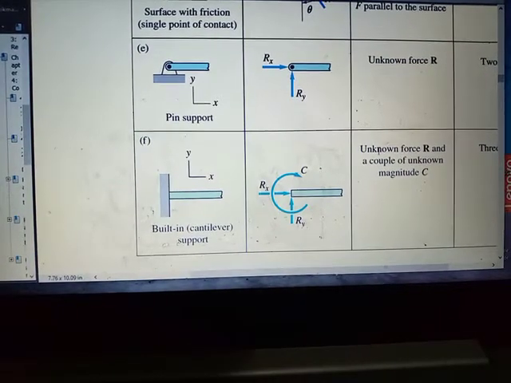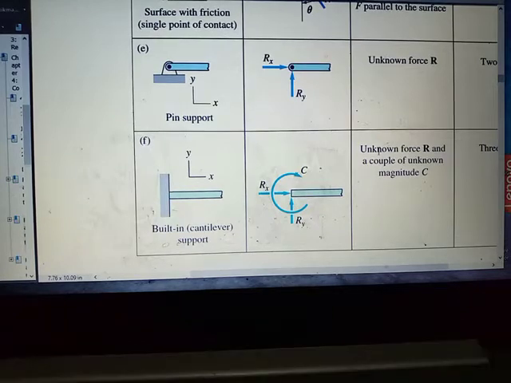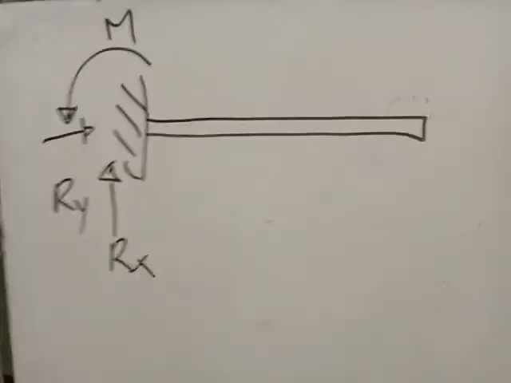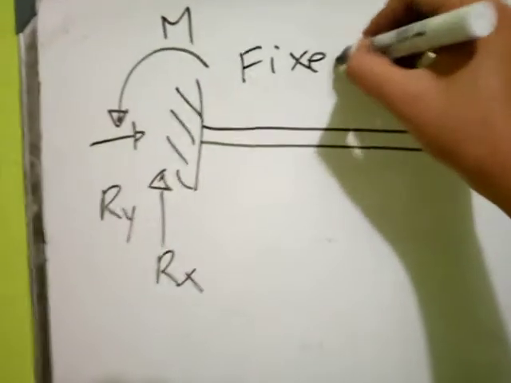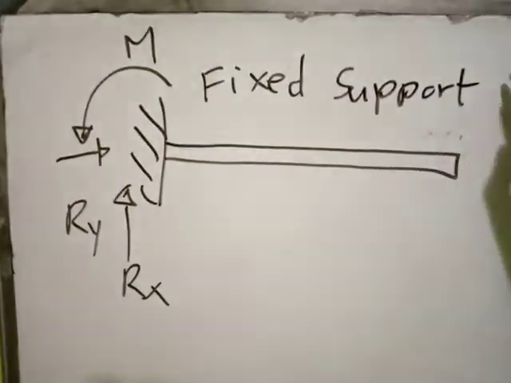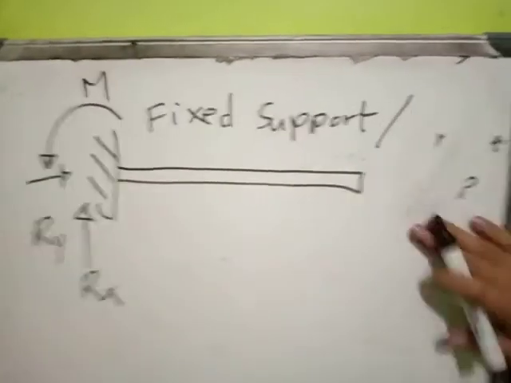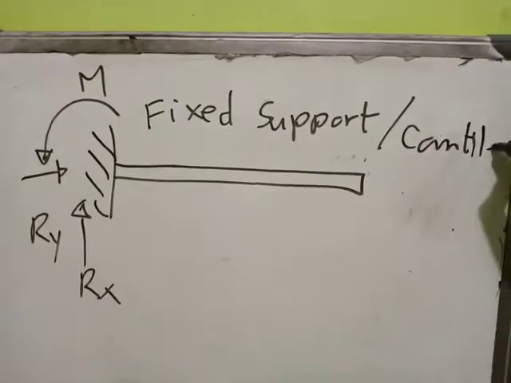This is common, not only in cantilevers, and there are others too. Let me write it here on the board. So, three. When you have a fixed support, or another term is cantilever support, this is what we call a cantilever, also cantilever support.